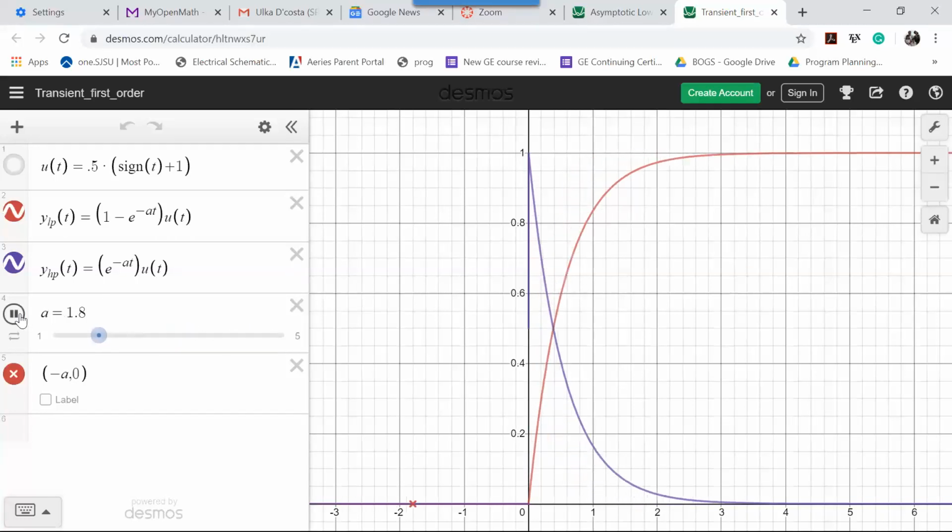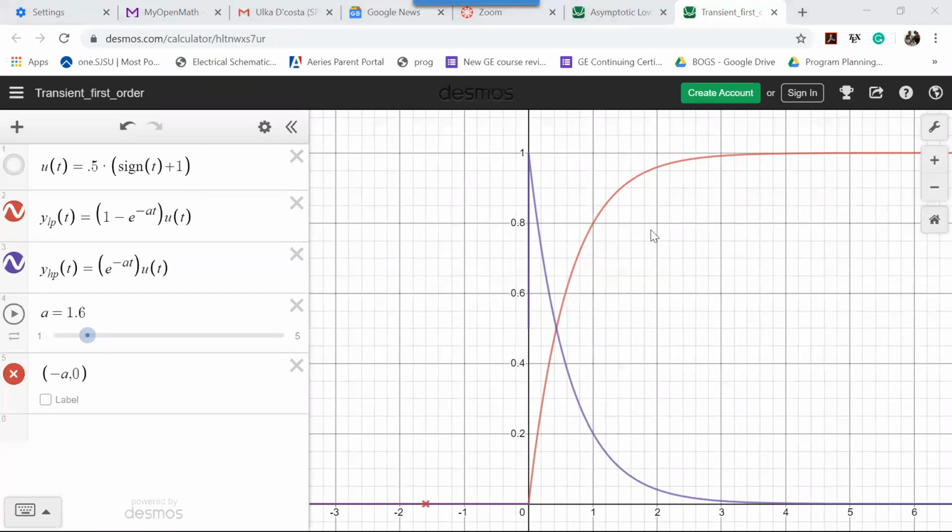But to take a look at that and say, how can I tell that this is a first order system? It really starts increasing right here. There's no delay, and there's no ringing. So you have to kind of assume, yeah, this is a first order system.